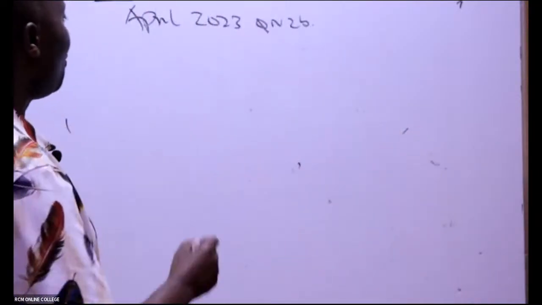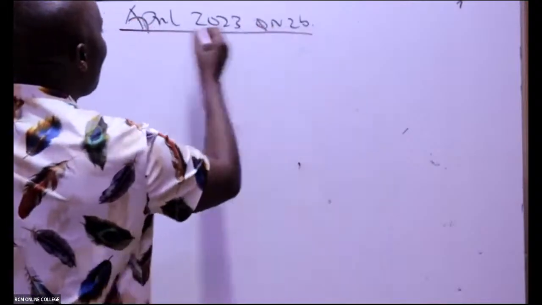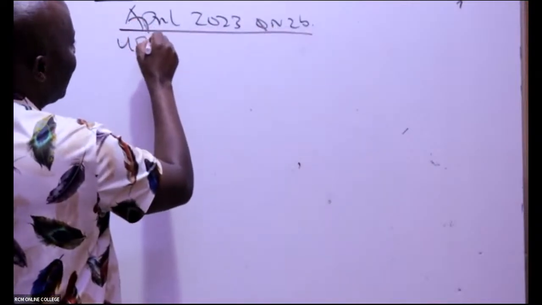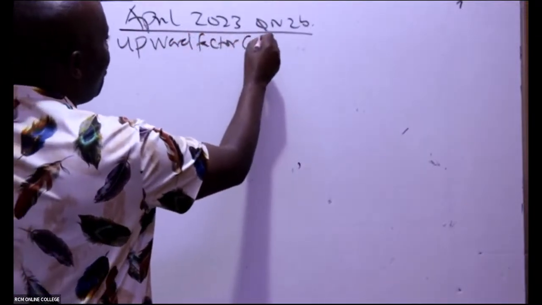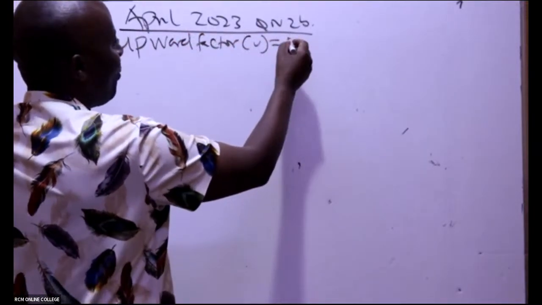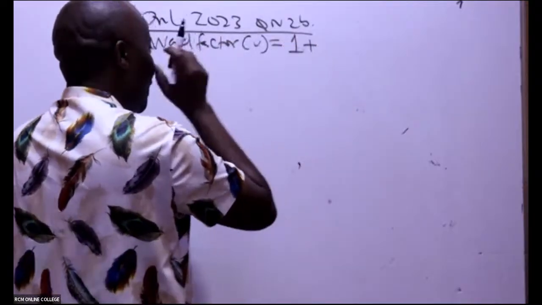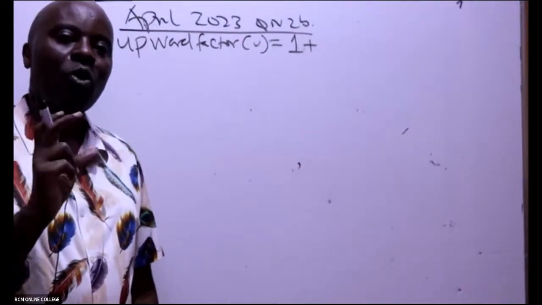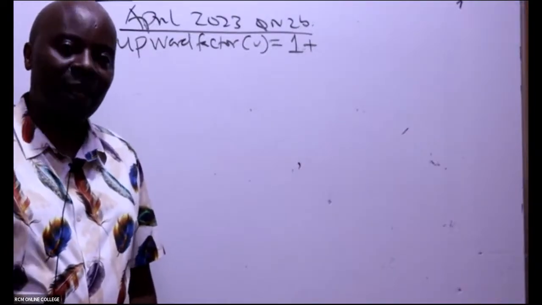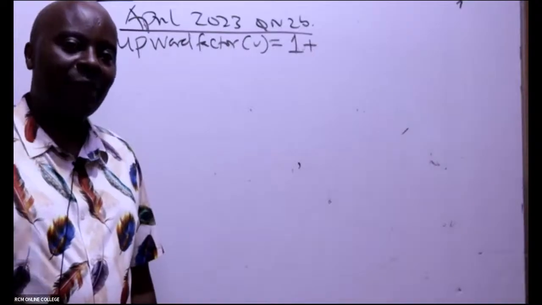So what we shall do, first of all, is to calculate the upward factor, U. In this case they have told us that there are two possibilities: the price could either go up by 20% or go down by 17%.